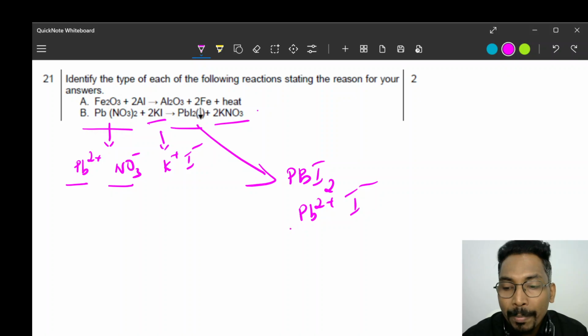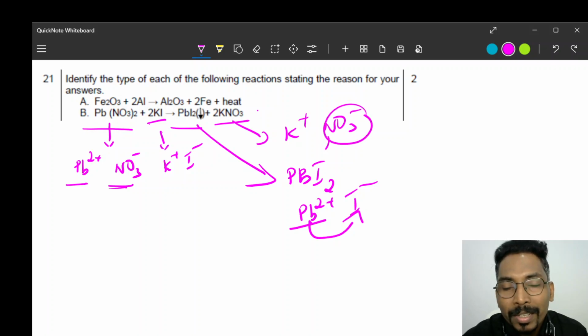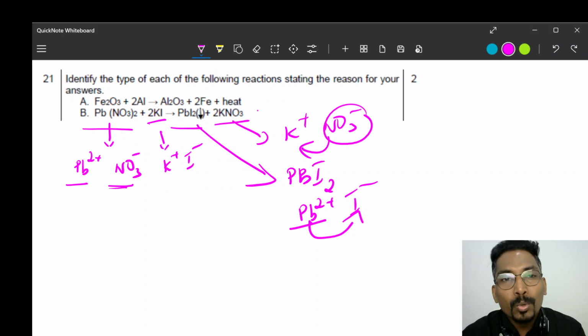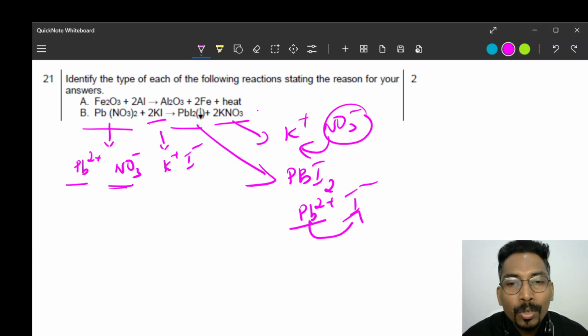So now the Pb2+ ion is combining with I-, not with NO3-. That indicates exchange of ions. And this is KNO3, K+ and NO3-. So the NO3- ion is now with the potassium ion. So there is an inter-exchange of ions between the molecules.